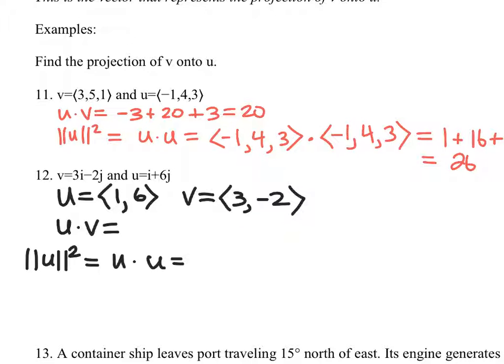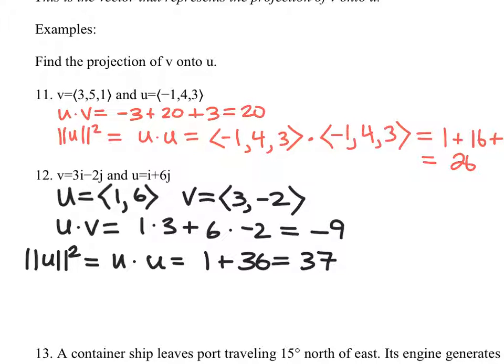All right, so u dot v is going to be 1 times 3 plus 6 times negative 2, which is going to be negative 9. And the other one is u dotted against itself, so 1 times 1 plus 6 times 6. So 1 plus 36 is 37.